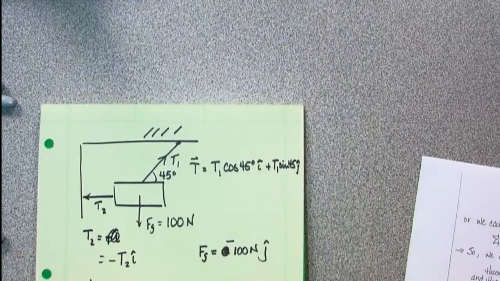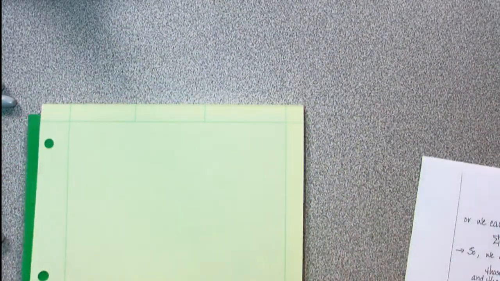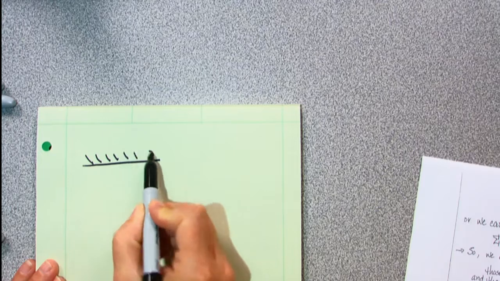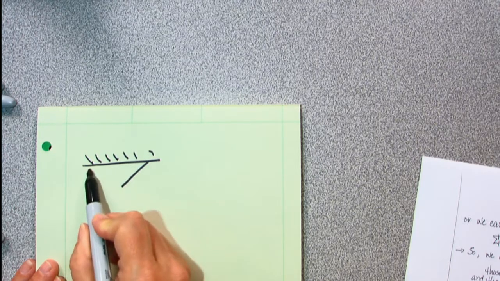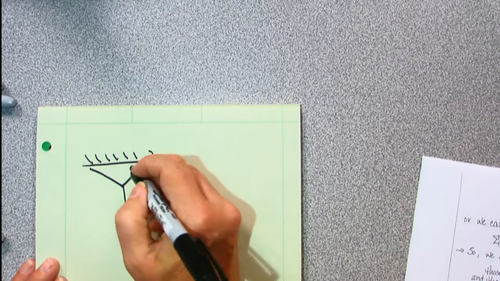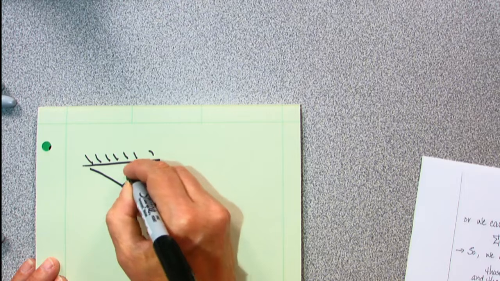So let's look at another one. We can do a lamp. Do our lamp again. This time we've got it coming in, we've got it coming in, and we have it hanging down. This is going to be 60 degrees.